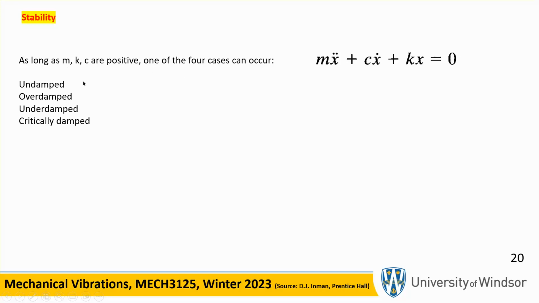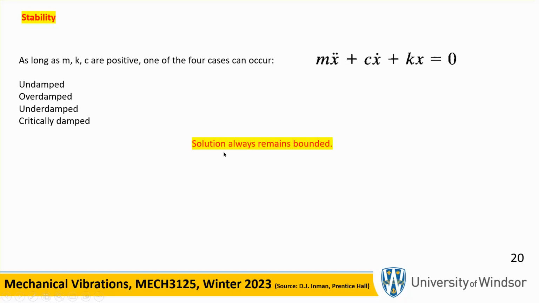And the scenarios that we come across are either undamped, which means C is 0, overdamped, where the damping ratio xi is bigger than 1, underdamped, where xi is less than 1, or critically damped. As long as m, k, and c are positive, these are the only things that can happen.